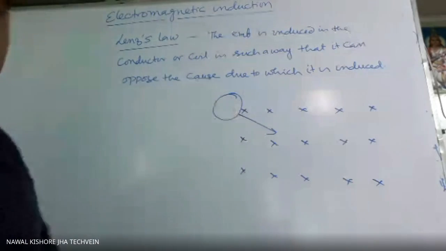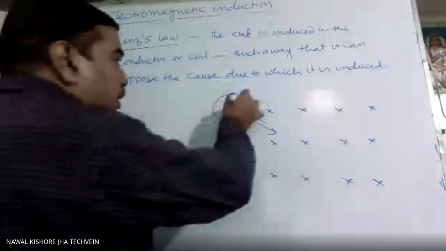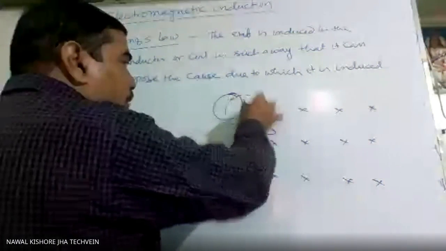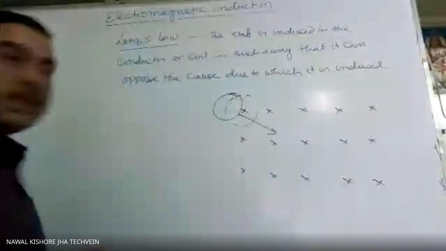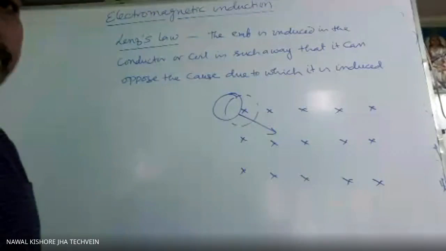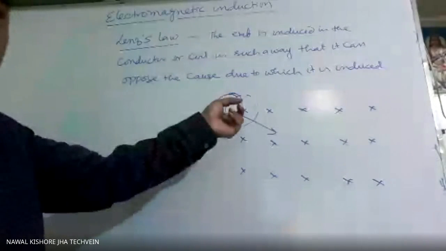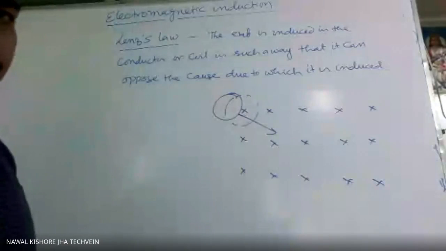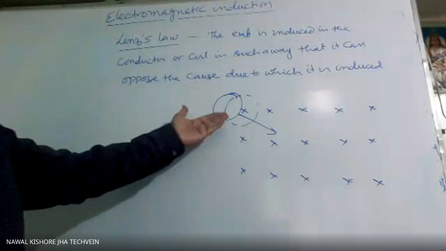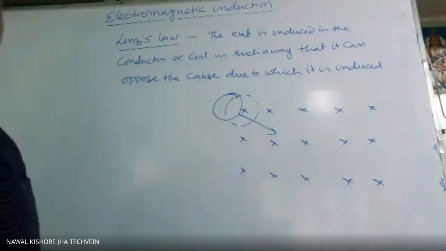Its flux will increase. After some time the loop has come to this place. So naturally the flux is increasing. Which flux? Inward magnetic field is increasing. When there is change in flux, EMF is induced.